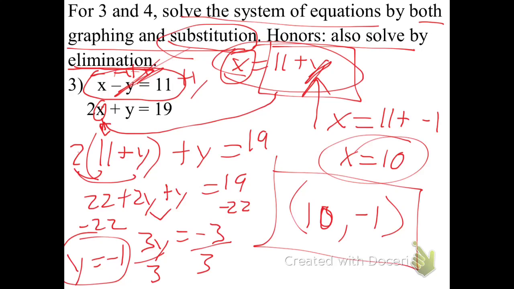Notice how the solution method is kind of easier than graphing, but we do the graphing one because you're going to run into a lot of graphs in your future, and so we're just kind of getting used to them right now.